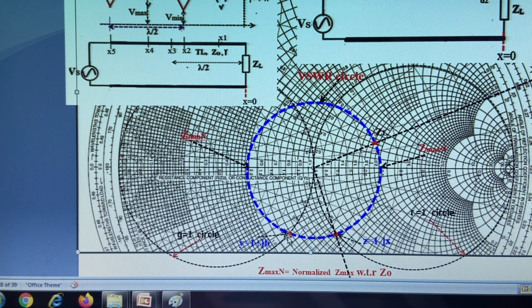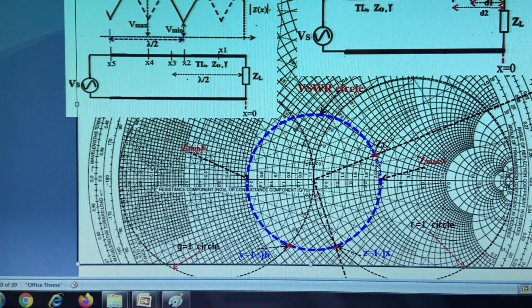If you read the admittance at this position, that is y is equal to 1 plus jb. The admittance at this position is equal to 1 plus jb.